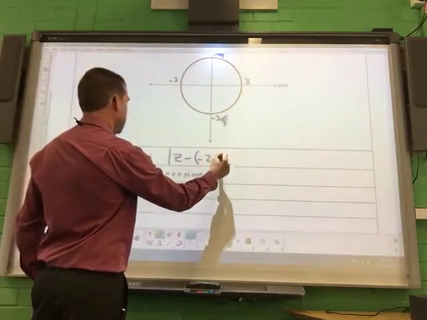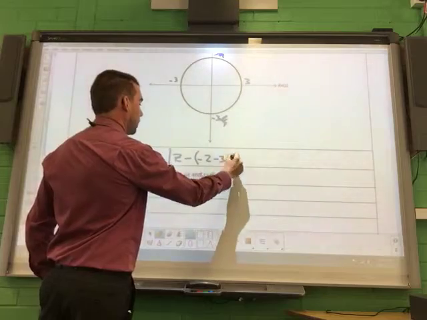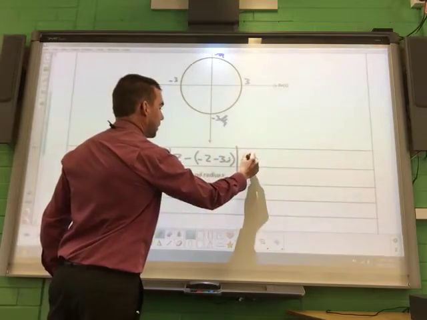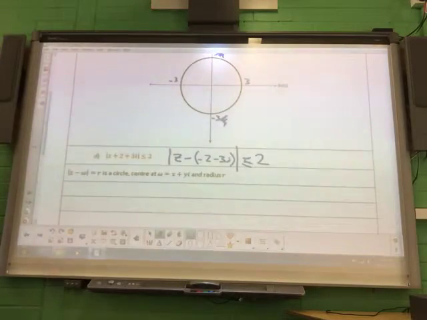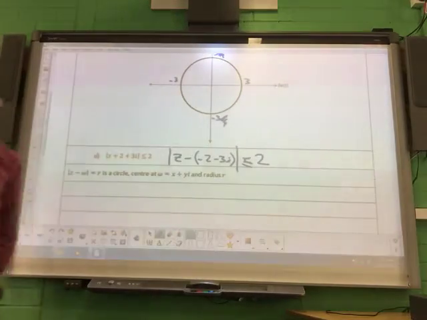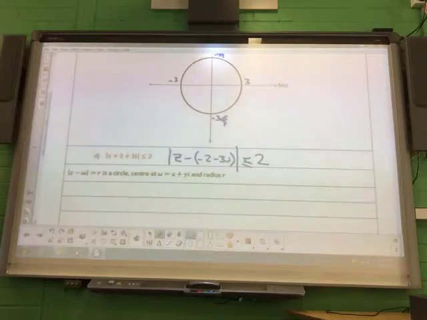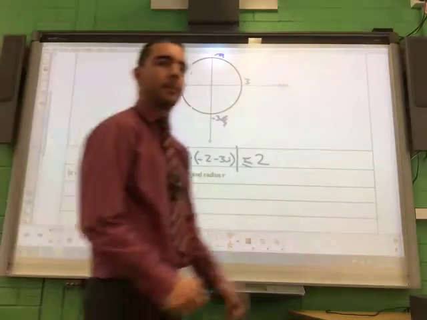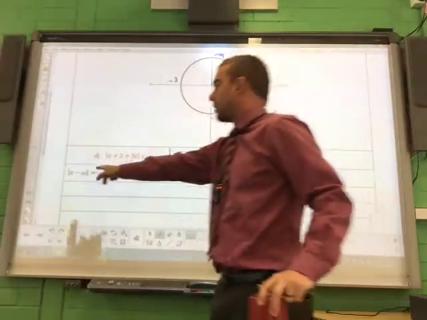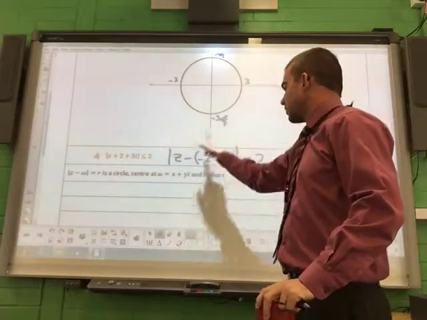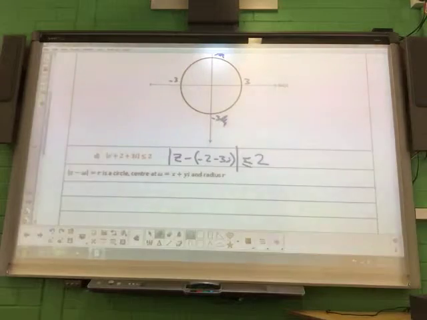So z minus 2 minus 3i, less than or equal to 2. So omega is negative 2, take away 3i. Okay, omega is not 2 plus 3i, because of the format that we need here, the negative here. So I've taken the negative, then that must be my omega there.